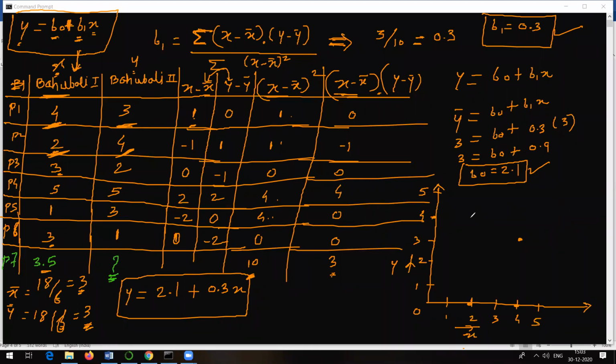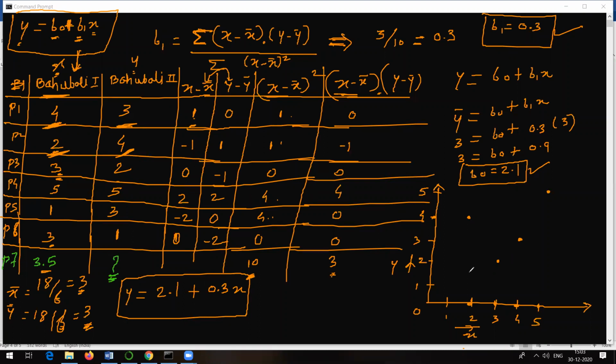So 2, 4 is going to come somewhere here. I am simply trying to plot the points which are here. Similarly 3, 2. Where is 3, 2? 3 is here and 2 is somewhere here. Then 5, 5. X-axis 5 and y-axis 5. So 5, 5 may be somewhere here.